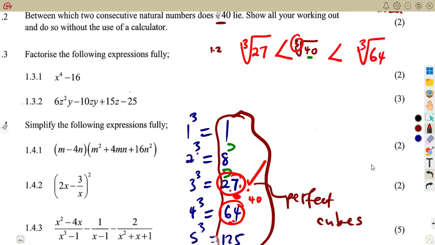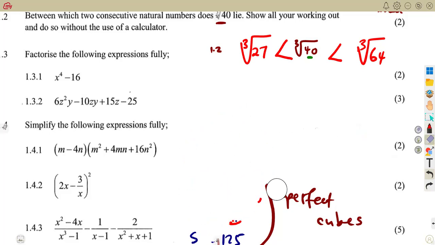Remember, we are using the cube root. If it was a square root, you must work with perfect squares. 1 squared is 1, 2 squared is 4, 3 squared is 9. But here, you're going to work with the cube roots.